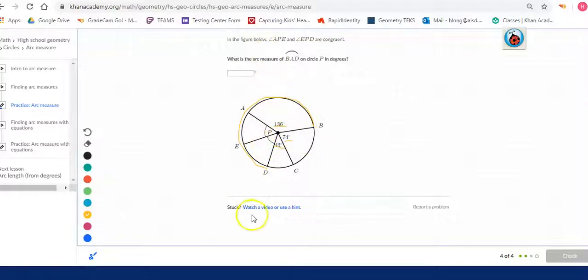But it's going to be a lot easier to just recognize, hey, the whole thing's 360. And so I can just do my 360 minus these two numbers, which are the only ones that I don't want. So minus my 74, and then minus 42.